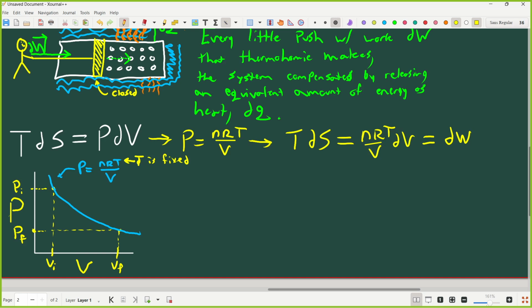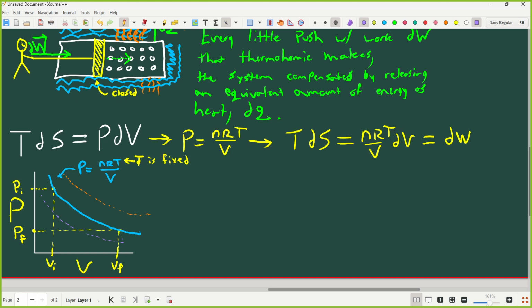I'm not going to draw it, but roughly, at a higher temperature the curve might look like this, and at a lower temperature the curve may look like this. But it still has the same behavior. It's still 1 over V for an ideal gas.